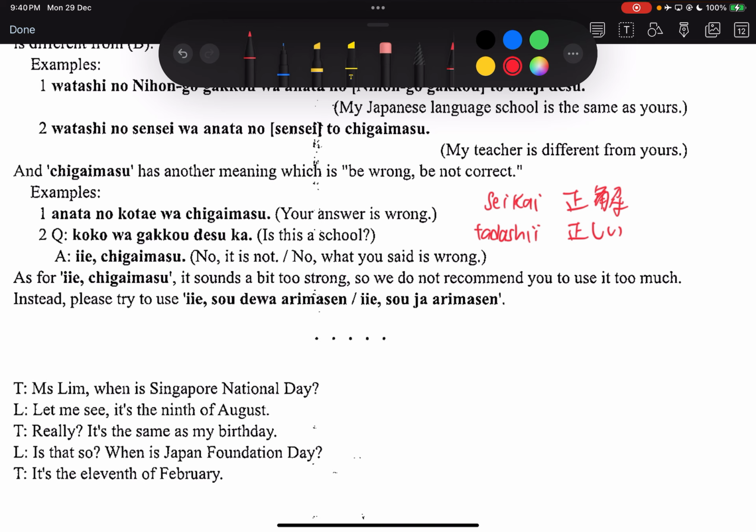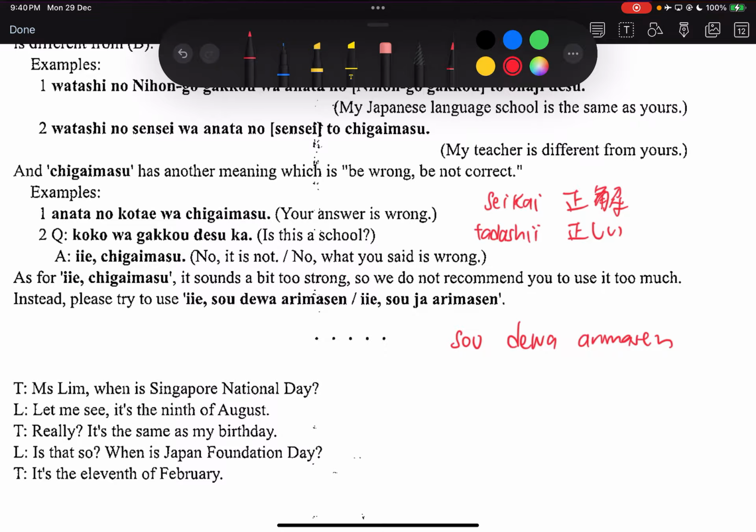Okay, then of course 違います is wrong, or different. We can also say そうではありません, that's not the case, or that's not quite so.